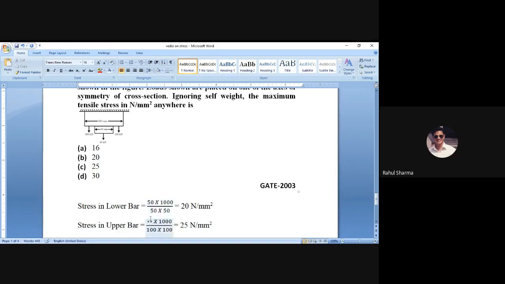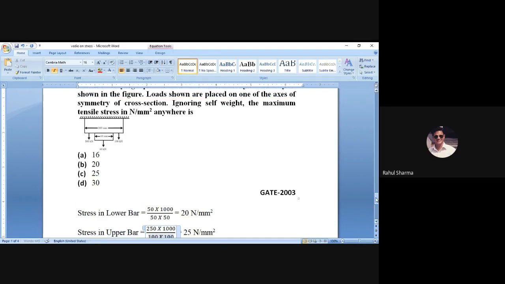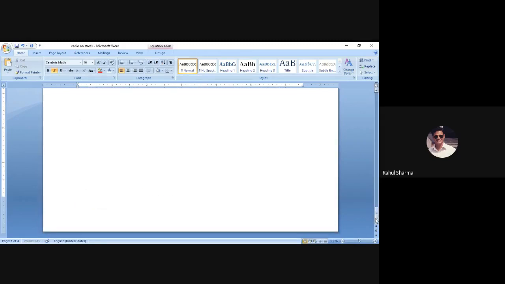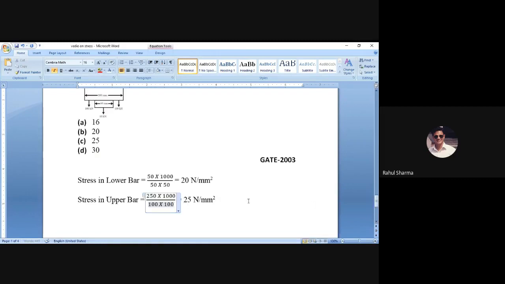This means you will get 250 over here. And you know the cross sectional area is how much? Cross sectional area is 100 into 100. This means you will get the net stress for the upper bar as 25 Newton per square millimeter.